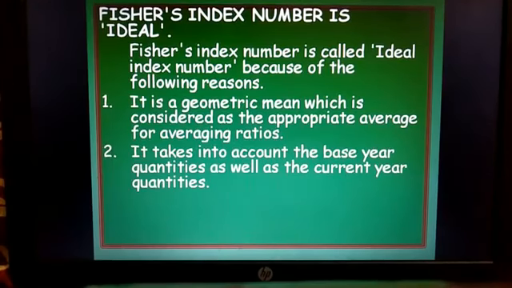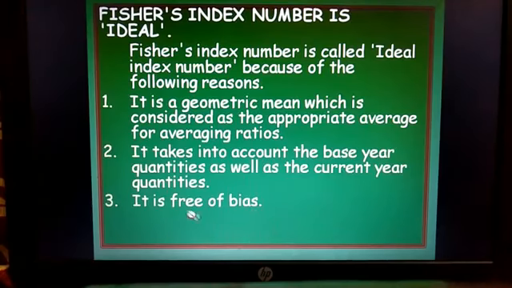That means it is an unbiased index number just because it considers both base year as well as current year quantities. So this is one more statement. The same thing has been written in other words: it is free from bias.